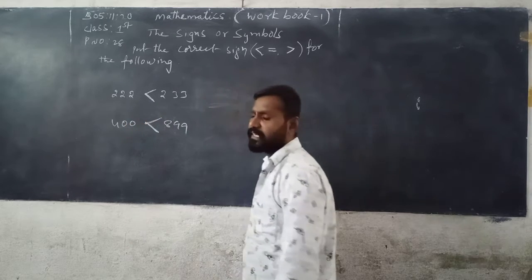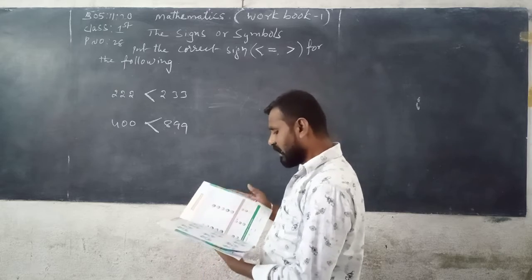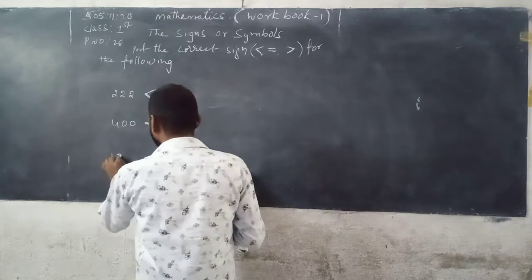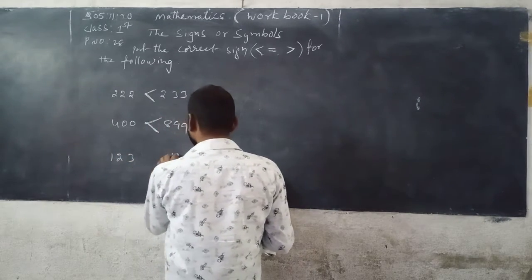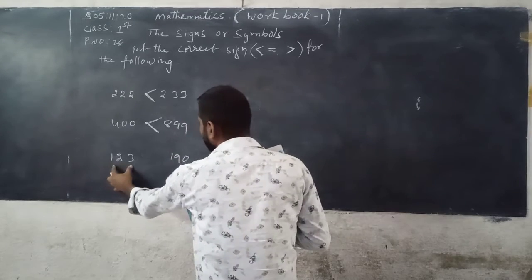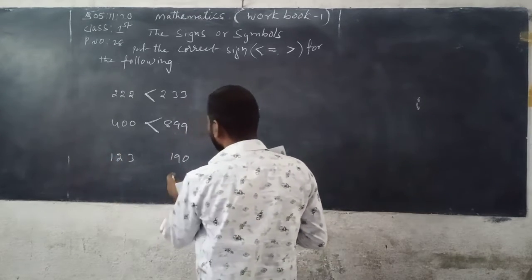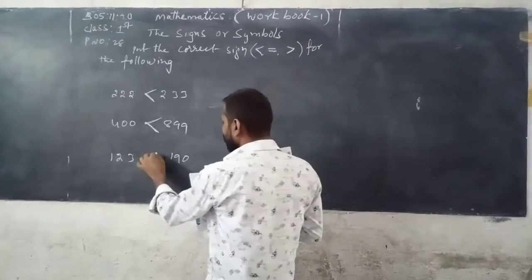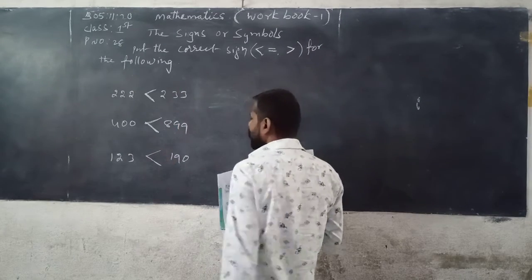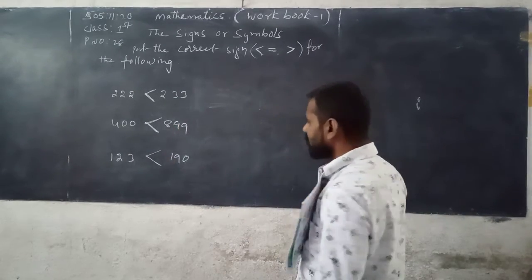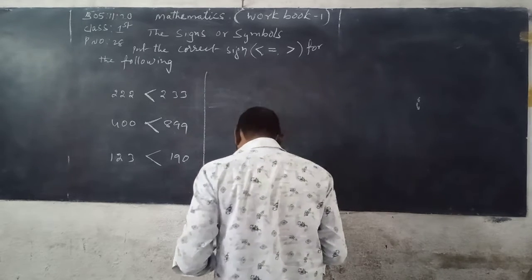So 400 is less than 899. Next, 123 and 190. See, 123 is the smaller number than 190, so we can use the less than symbol. So 123 is smaller than 190.